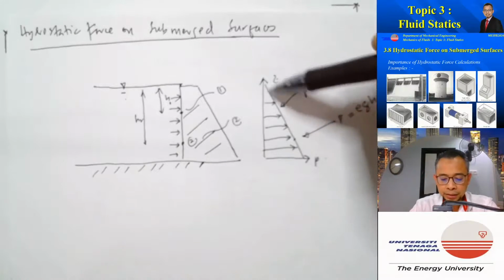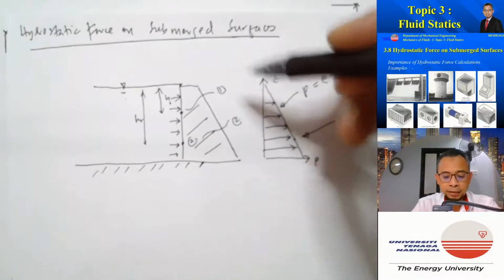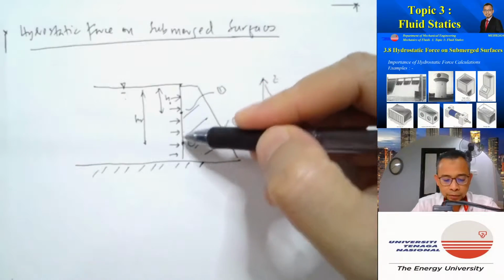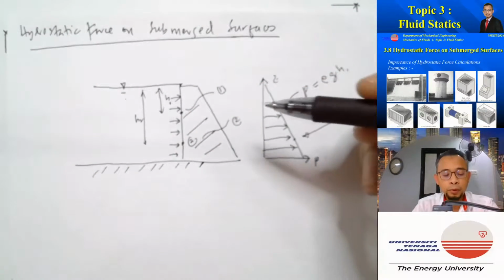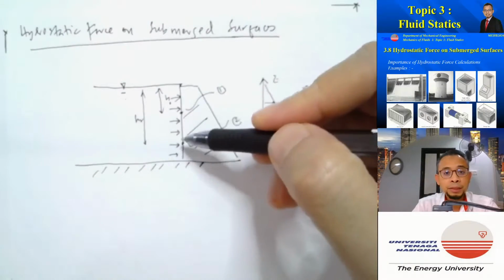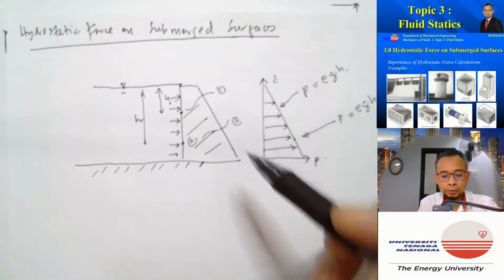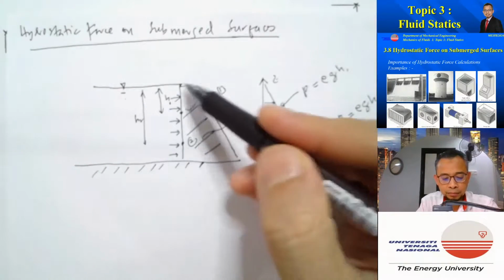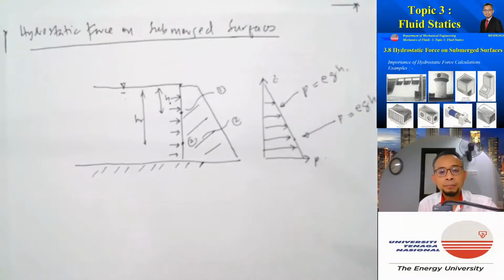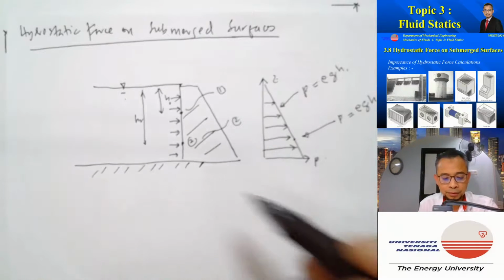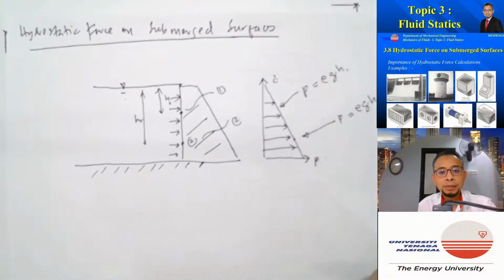So the pressure varies linearly, hence the force acting on the surfaces at different points on the surface of the dam will be different. So we need to determine the total hydrostatic force acting on the dam surface, as well as the line of action of the net hydrostatic force acting on the dam surface.